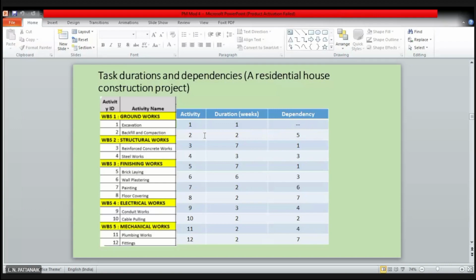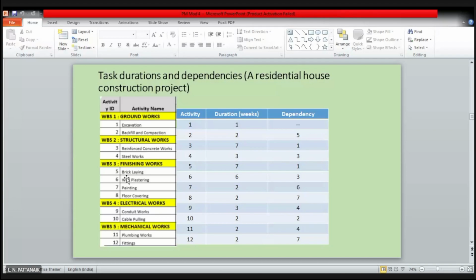Now coming to activity 2, which is backfill and compaction. Here you have to see technical things, right? Backfill and compaction is the activity which you do after some of the works in the house construction are completed. As you can see here, the dependency marked is 5, meaning activity 5. Now let us see what activity 5 is.